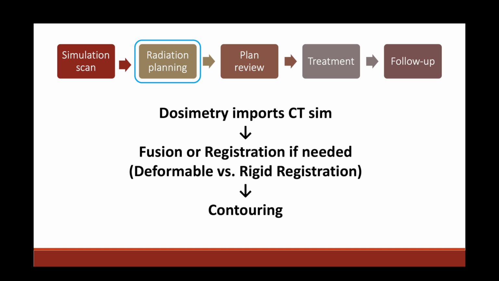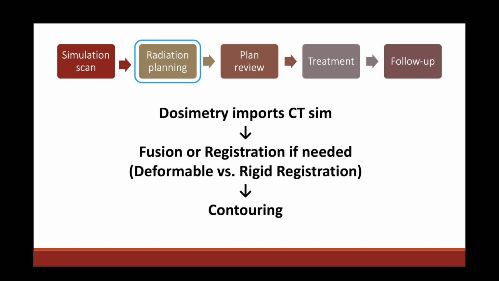Sometimes, however, they will also create what is known as a deformable registration. Deformable registrations are different because they're used to account for subtle changes in head rotation that you might see with head and neck cancer patients and things like that.